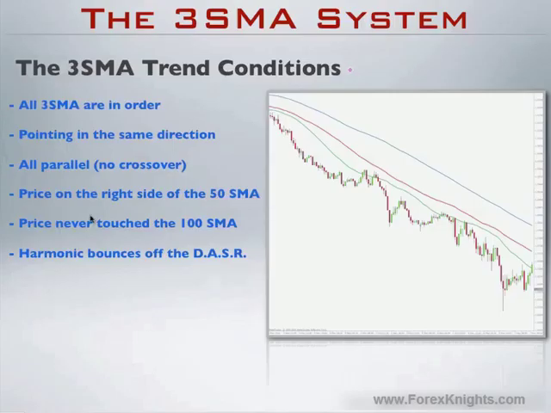Now, fourth condition. Price should remain on the right side of the 50 simple moving average. Now, what's the right side? Well, the right side in the case of a downtrend is obviously below the 50 simple moving average. Please mind that the red line is the 50 simple moving average, and you can clearly see how price remains below that line all throughout the trend.